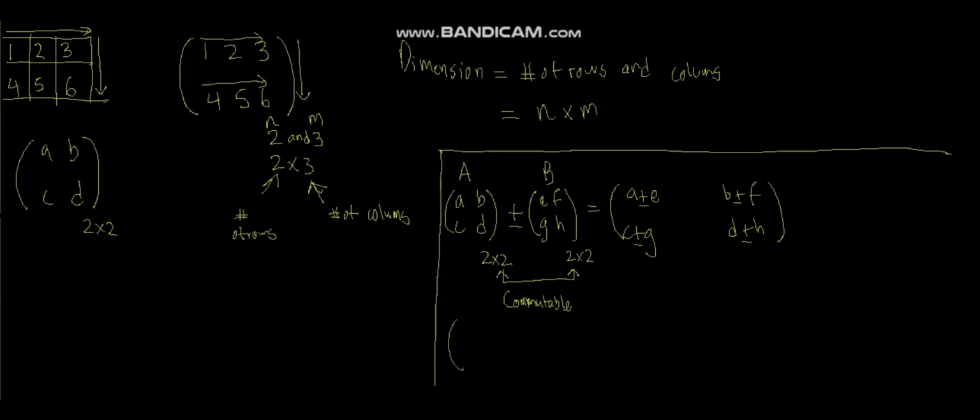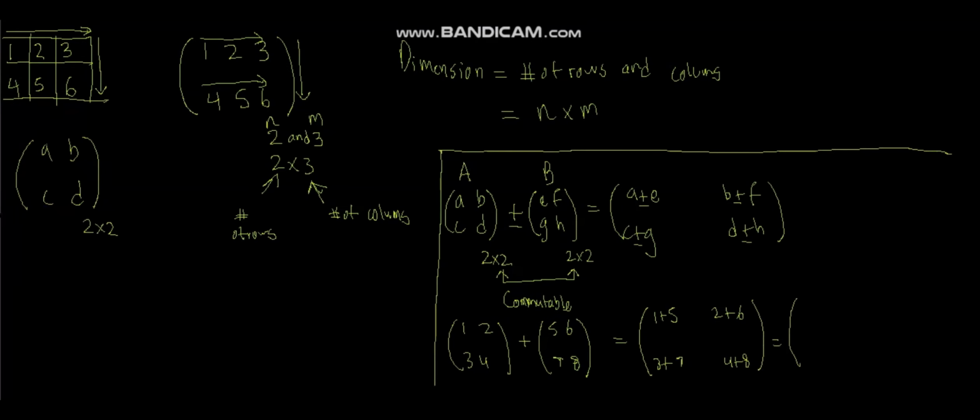So given the matrices 1, 2, 3, 4 plus 5, 6, 7, 8, let's add. So 1 plus 5, 2 plus 6, 3 plus 7, and 4 plus 8, which would yield... Check for commutability.